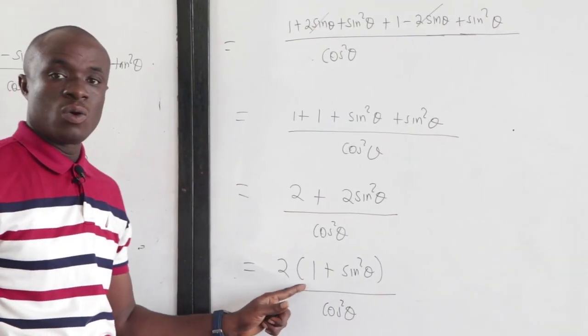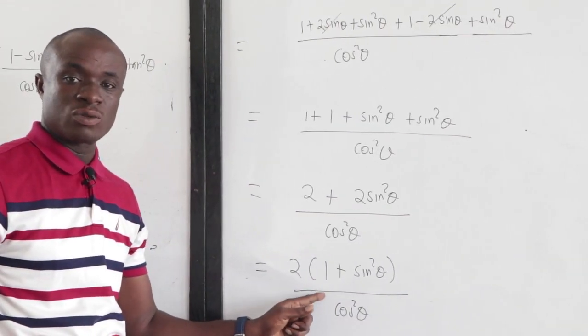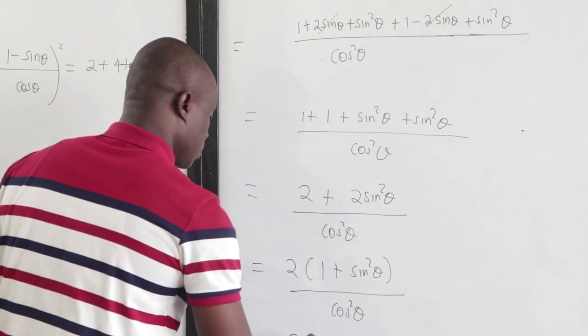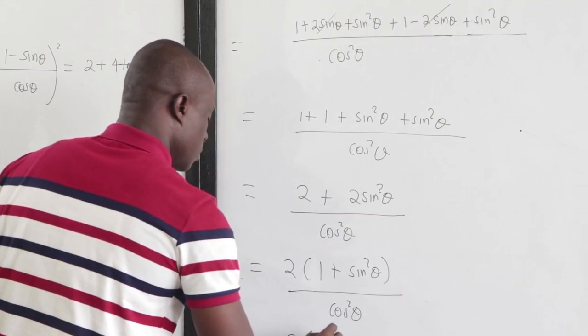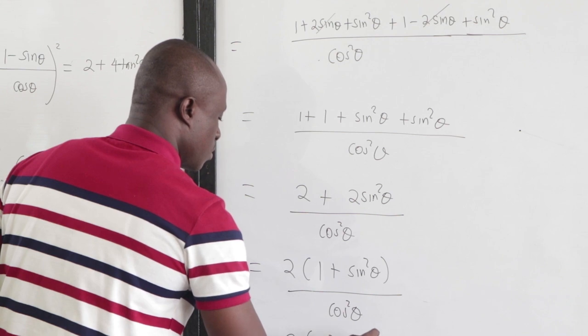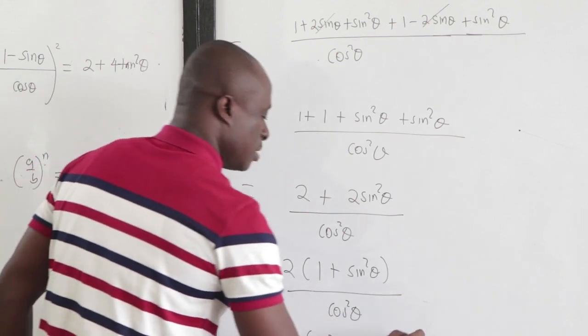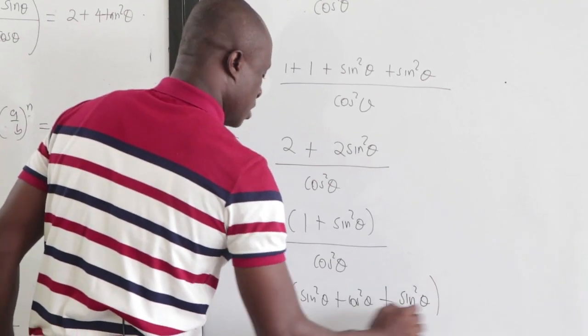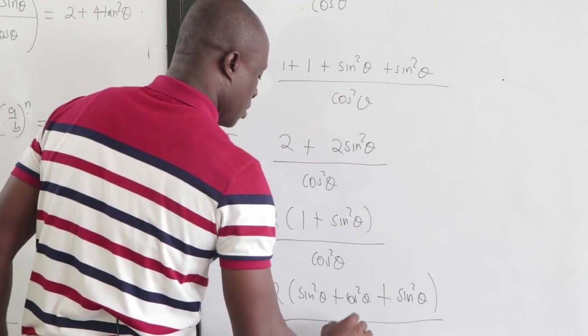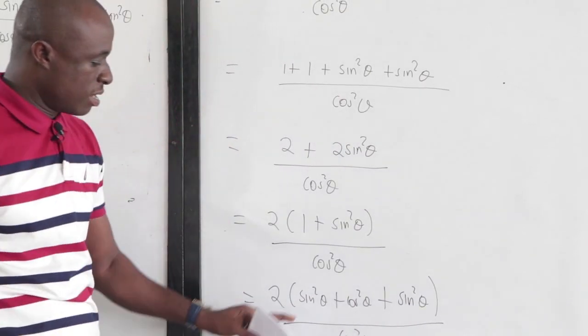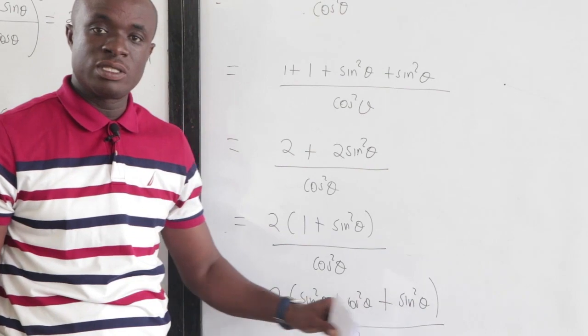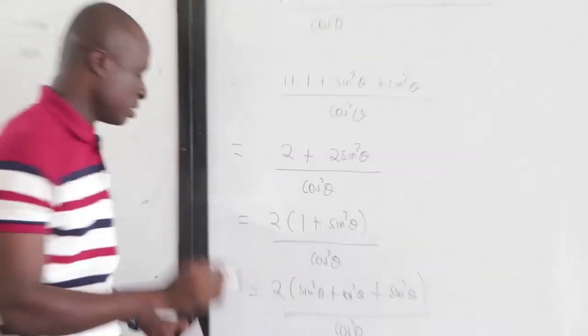Now what is 1? 1 is the same as sine square theta plus cos square theta, plus the sine square theta all over cos square theta. Now sine square theta plus sine square theta, this is what? 2 sine square theta.